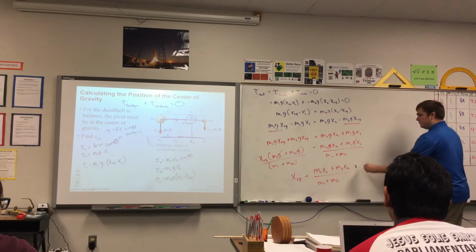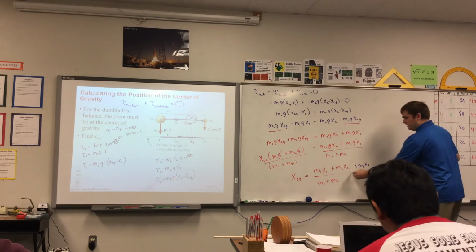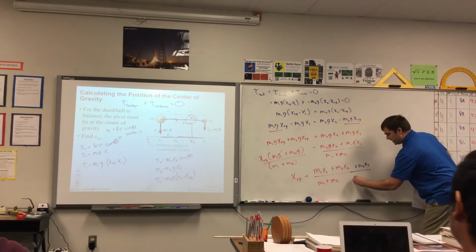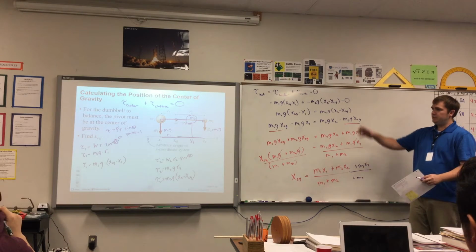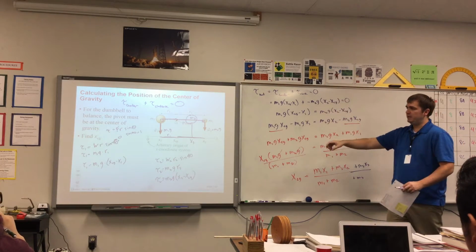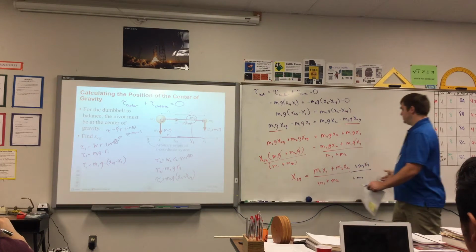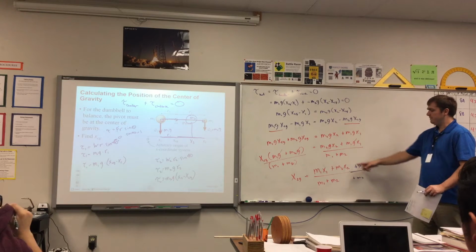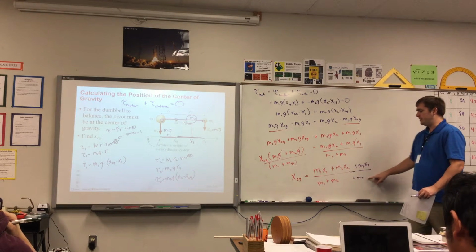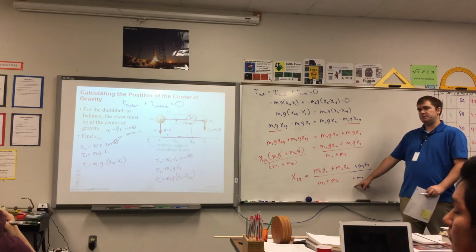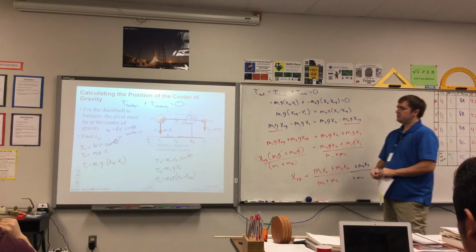It just would become plus mass 3 times its position X3 over, you just would add on there mass 3. If you want to make this a little bit more complicated by adding on a fourth one, you can continue that process on and on. It's just going to be the product of the mass times its distance divided by the total mass of the object. Okay?